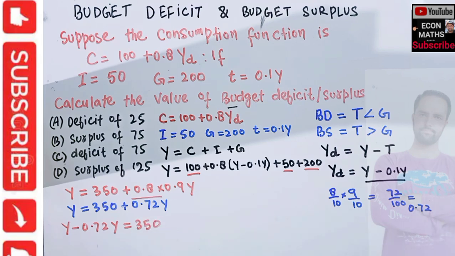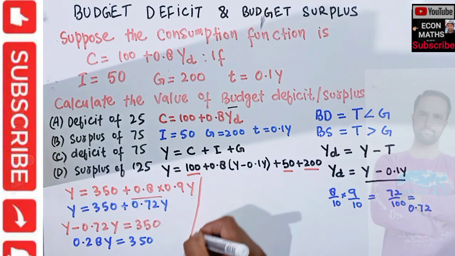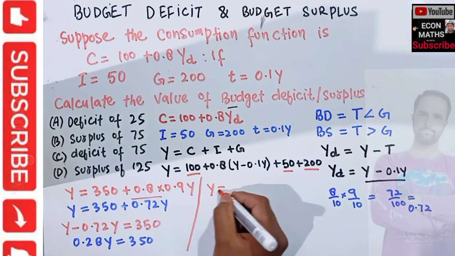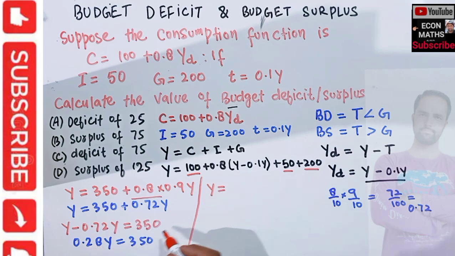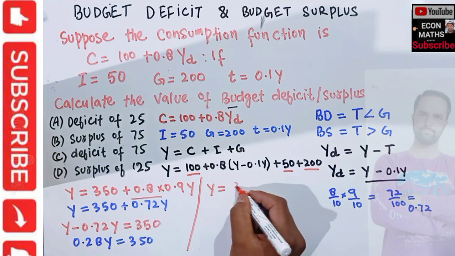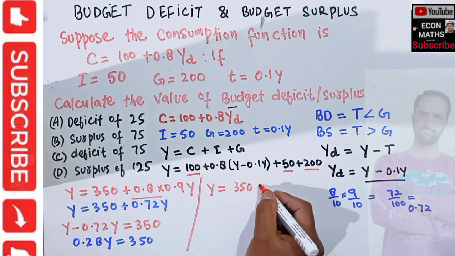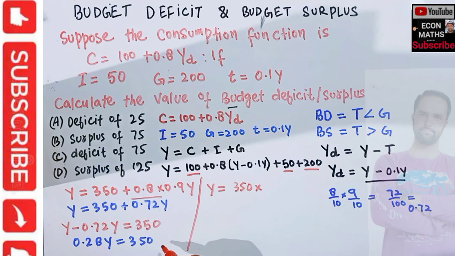Now when we subtract 0.72 Y from Y, we get 0.28 Y = 350. That implies Y = 350 divided by 0.28, and 0.28 can be written as 28/100.